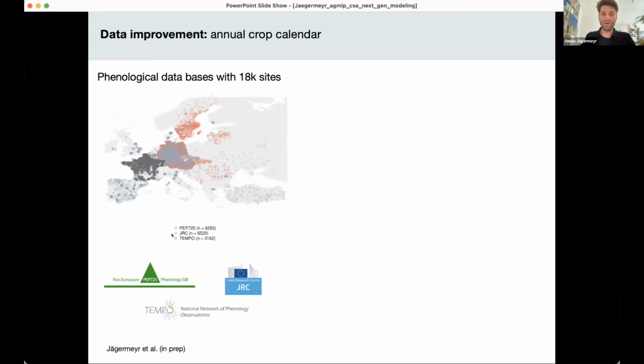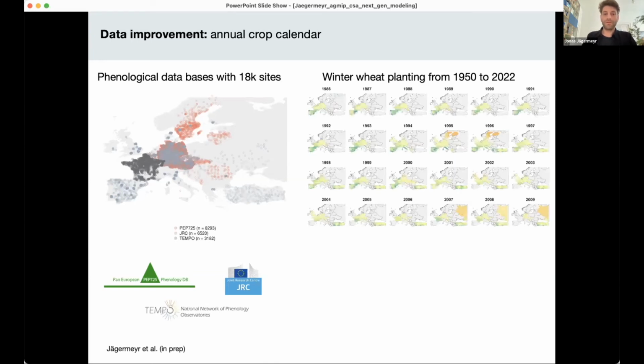On this map for Europe, showing phenological databases from the Pan-European Phenology database, from the Joint Research Centre, and observations in France, about 18,000 sites across Europe for several crops, reaching back all the way to 1850, which is a tremendous archive of data.